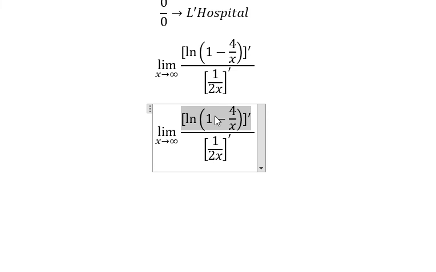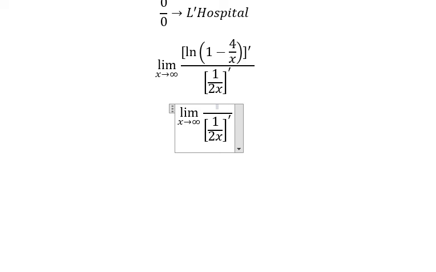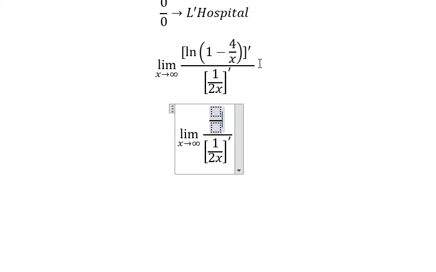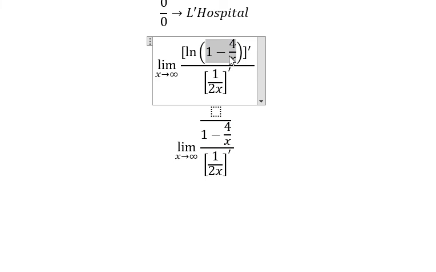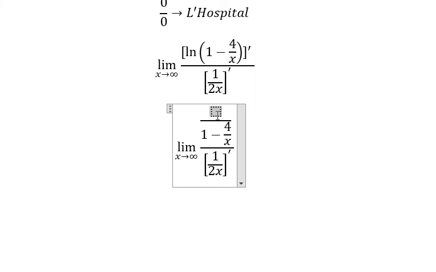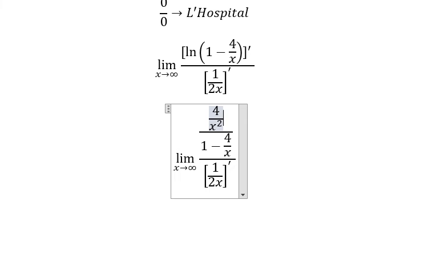So for this one, we will have about 1 minus 4 over s. So we do first derivative of 1 minus 4 over s, and we will have about 4 over s squared.